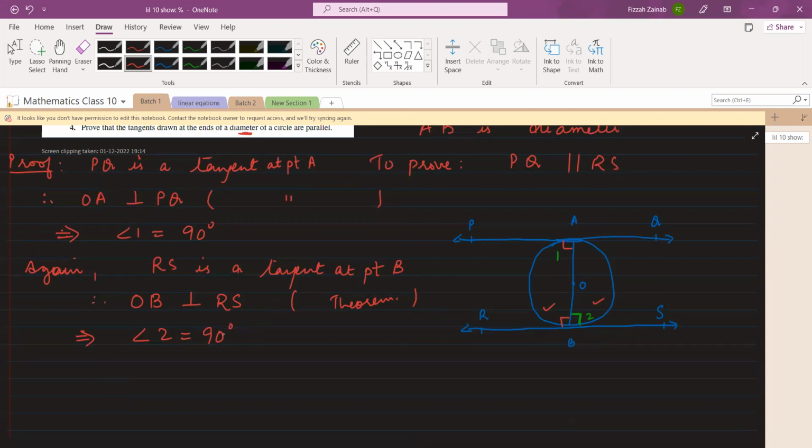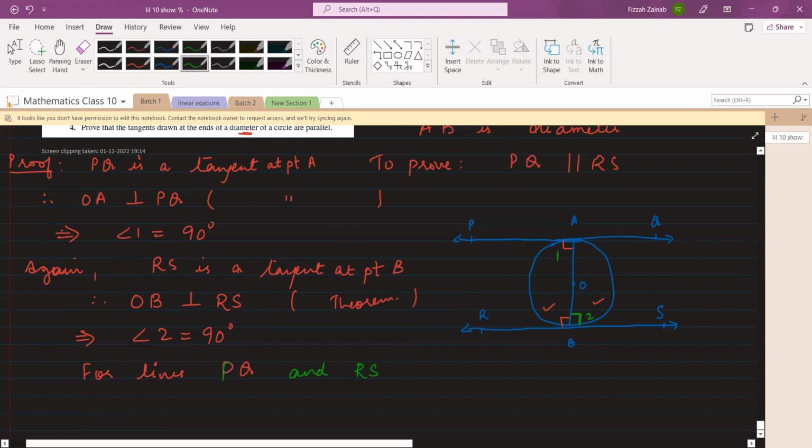Okay. Now you come to the lines. So we write like that. Now for lines PQ and RS, AB is a transversal, right, Martin?